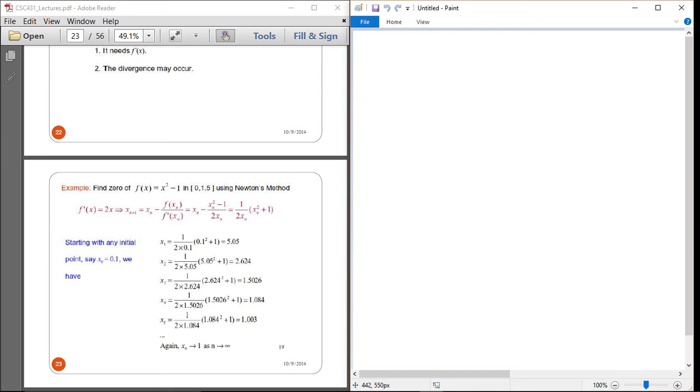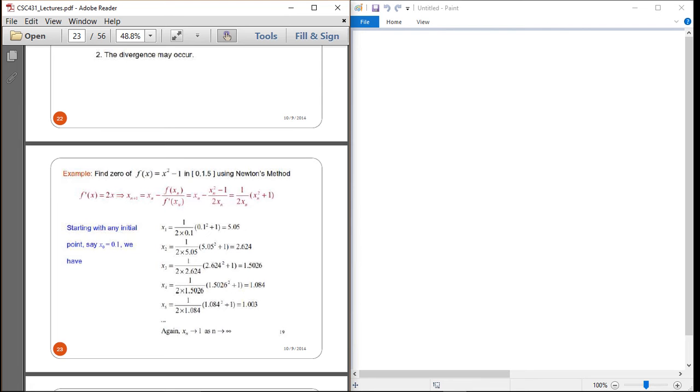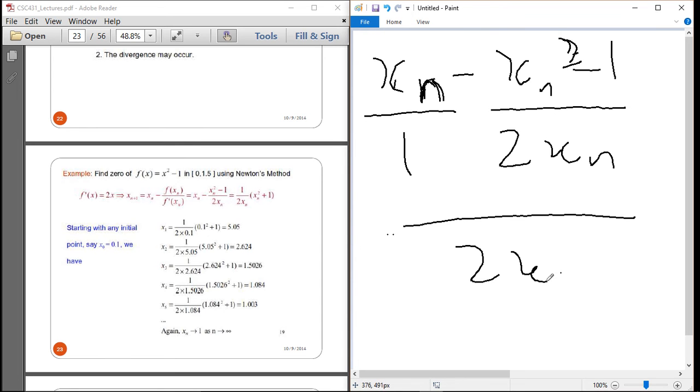Alright, so working with this formula, we have xn minus our f of xn, which is xn squared minus 1, like we solved in the last slide, and we differentiate xn squared minus 1, which gives 2x minus 0, and 2x minus 0 is 2x, so we have 2xn, right? Now I'm going to find the LCM here, which is 2xn.